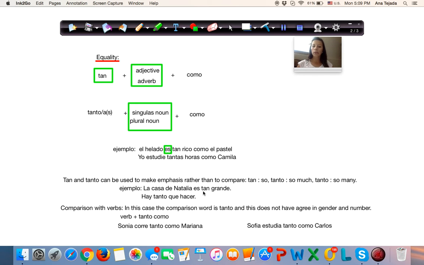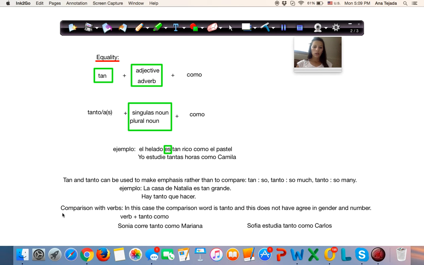So instead of comparing something, we're emphasizing the size of the house. Let's look at our next example. Hay tanto que hacer. There is so much to do. Again, we're not comparing, we're just emphasizing that there is a lot to do.